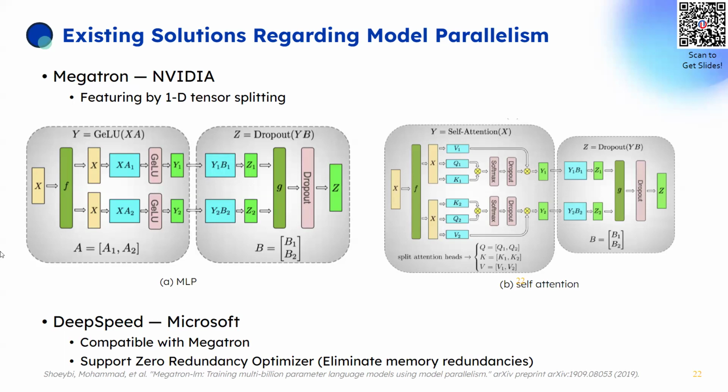Now let's take a look. If we have a single server doing this computation, do you still remember the floating point operations for matrix multiplication? How many floating point operations for this? Anyone knows?